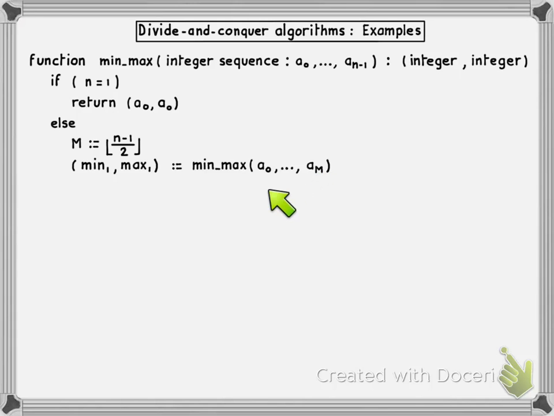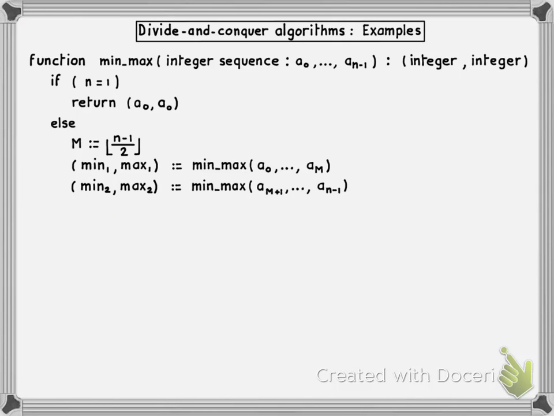So this is the first half of the input sequence from a sub 0 to a sub m. And the result of this first recursive call will be called min 1 and max 1. And then, of course, we do a second recursive call on the rest of the input sequence, which is all the elements from a sub m plus 1 to a sub n minus 1. And the result of that recursive call is the pair min 2, max 2.